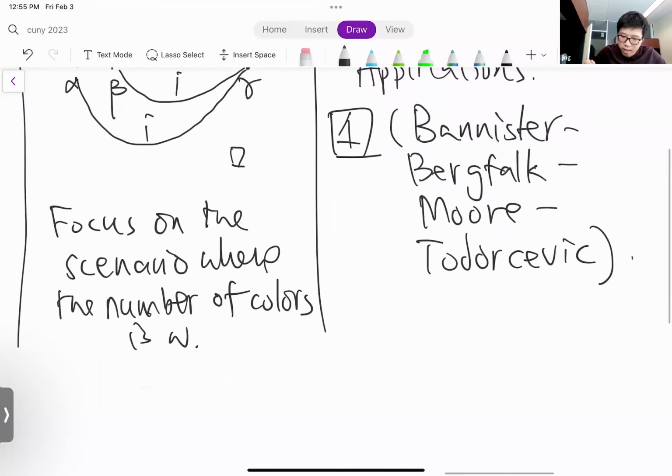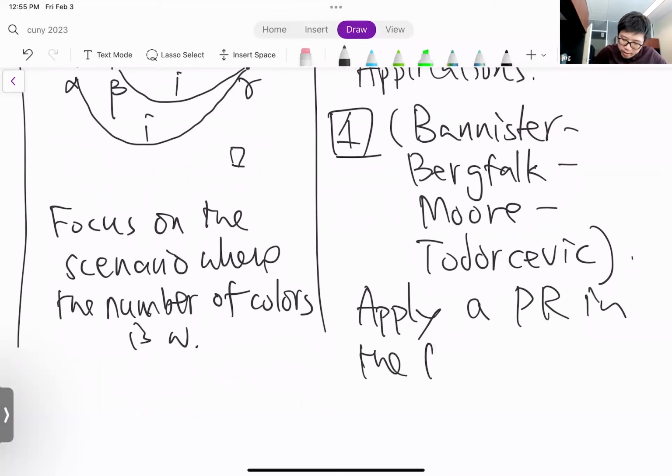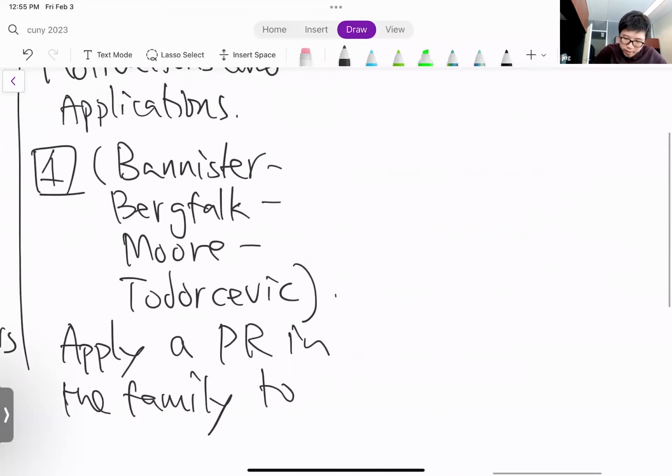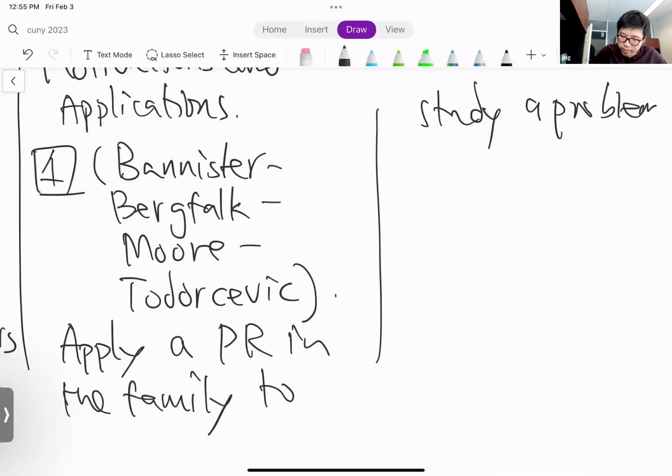So they apply a partition relation in the family to study a problem in homology.